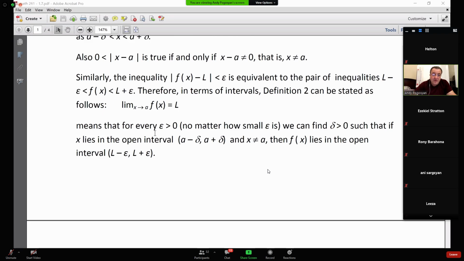So if epsilon is greater than 0, any positive number, we can choose delta. By the way, delta depends on a given value of epsilon, such that x lies in the open interval a minus delta, a plus delta, not equal to a. Then f of x will be in the interval L minus epsilon, L plus epsilon.